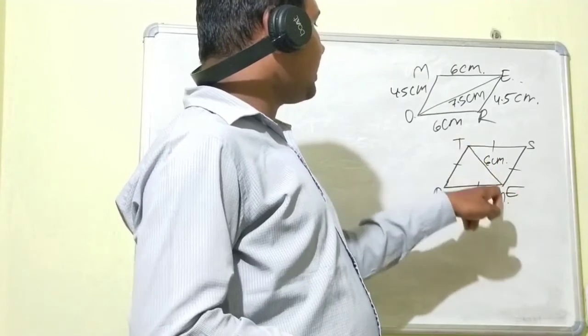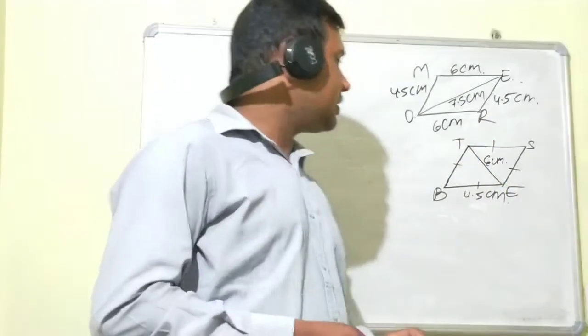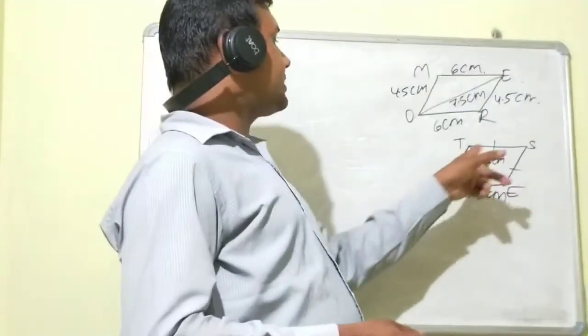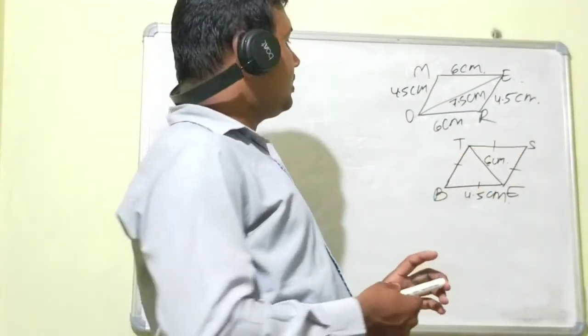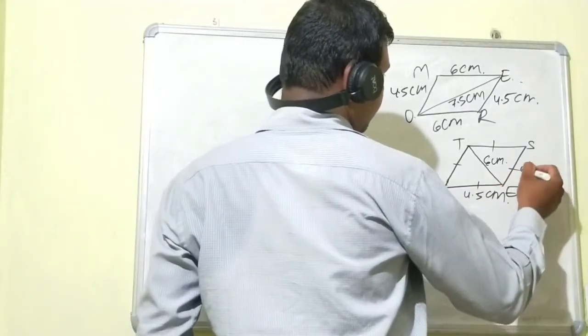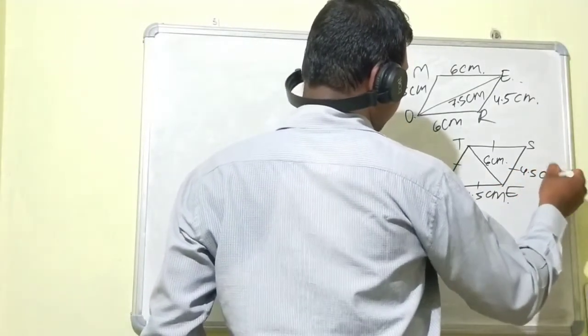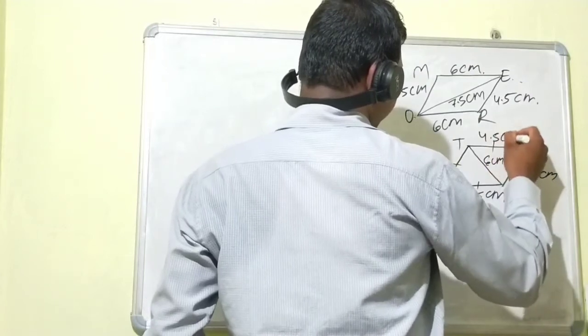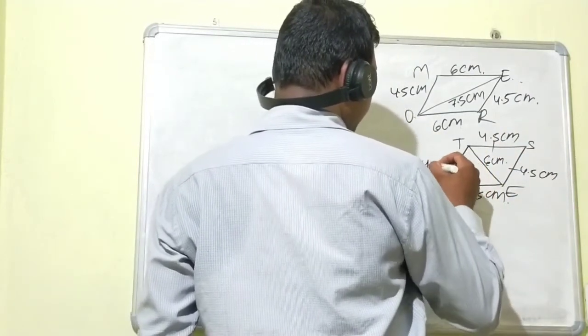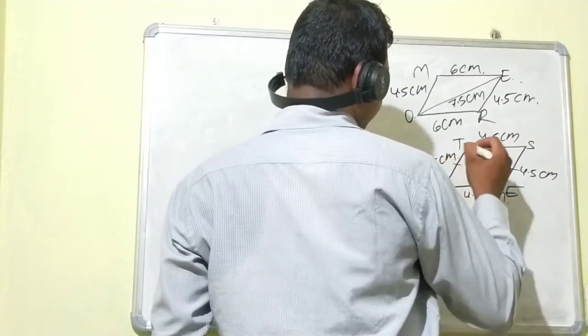Diagonal ET is given 6 centimeter. We know all sides of a rhombus are equal, so we will write all sides 4.5 centimeter, and BT also 4.5 centimeter.